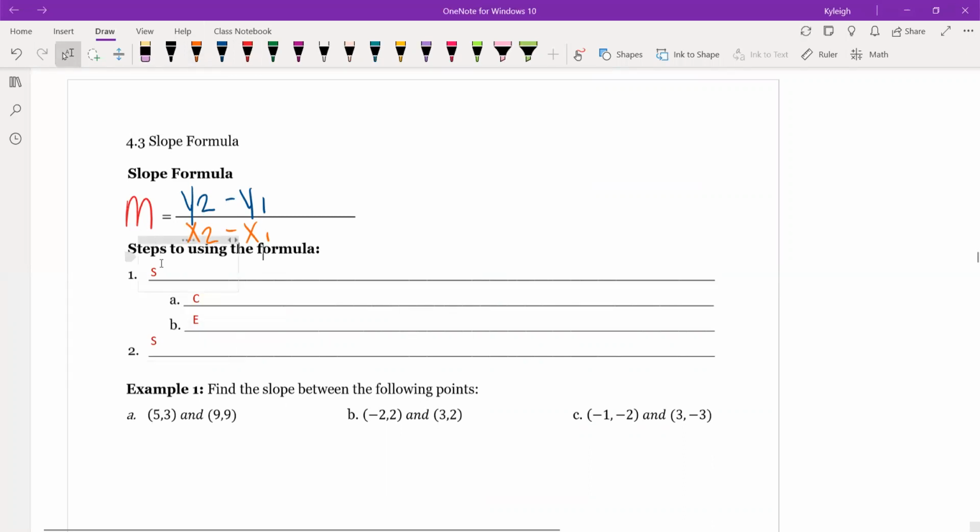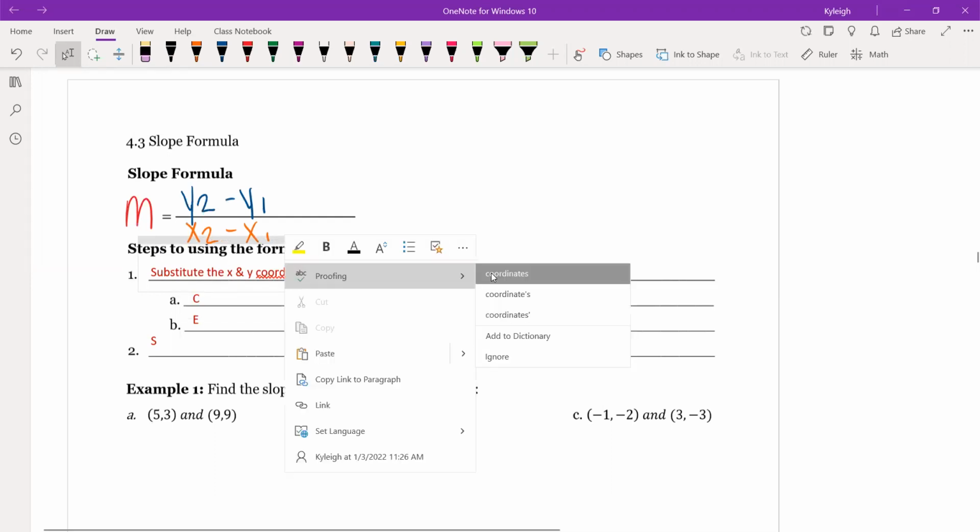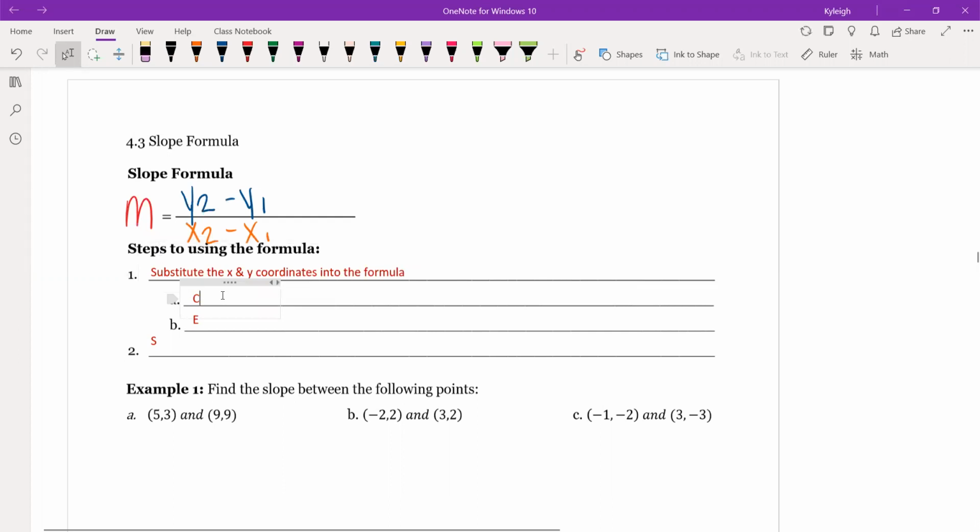So the first step is to substitute the x and y coordinates into the formula. And then we're going to choose which ordered pair to put first.